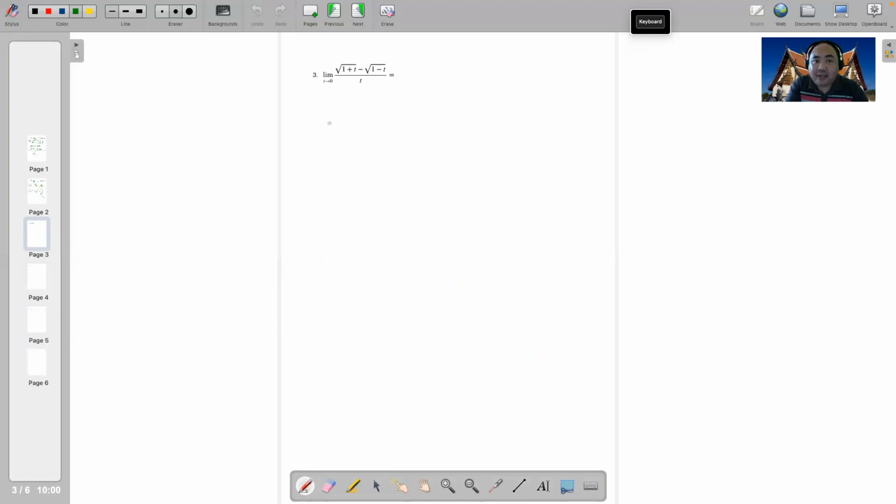We have another complicated fraction. Why? Because you have radicals on the denominator. Now, when we do substitution here, you will get the square root of 1 plus 0 minus the square root of 1 minus 0 divided by 0.